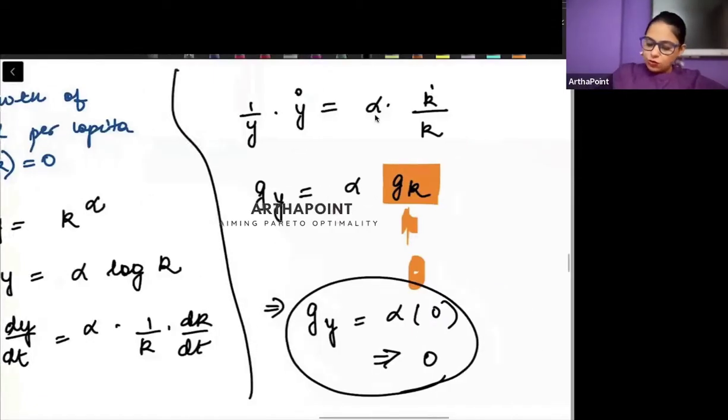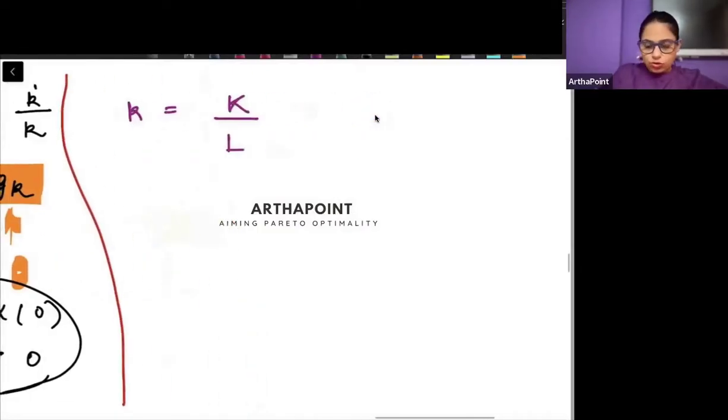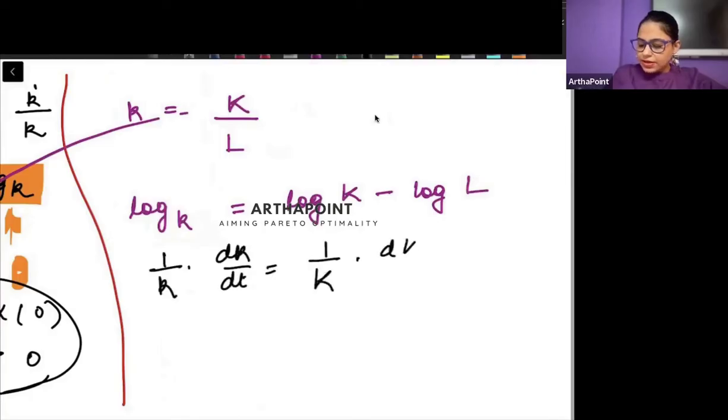Okay. Now, can you tell me what is small k? Small k is capital K by L. If I take log on both sides, then I can say log k is equal to log capital K minus log capital L. If I just try to differentiate on both sides, I will get 1 by k dk by dt is equal to 1 by capital K d capital K by dt minus 1 by L d capital L by dt.